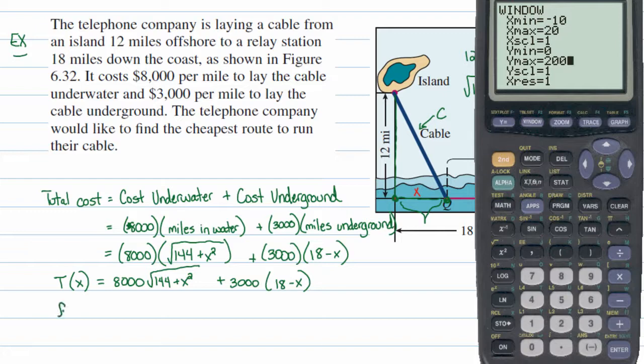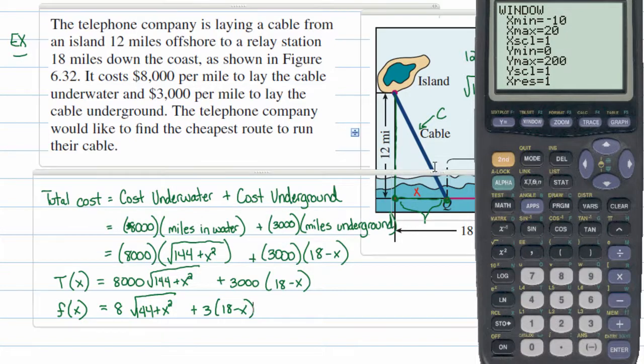So in reality, I'll just make a new function. I'll call it f of x. F of x is equal to 8 root 144 plus x squared plus 3 times 18 minus x. That's actually the cost in thousands. So when I plug in an x value, I'll get out an output that represents the number of thousands of dollars it's going to cost to start piping at that distance.